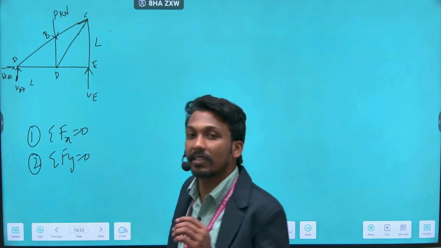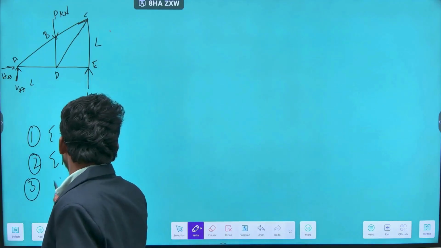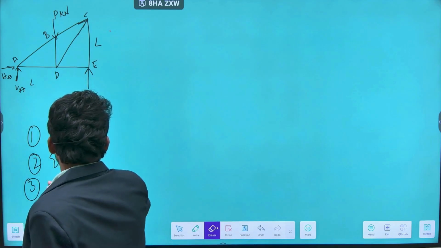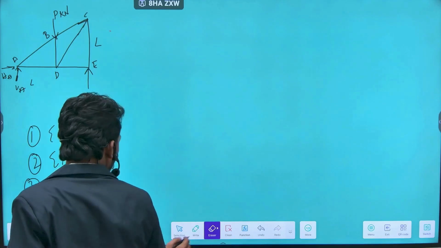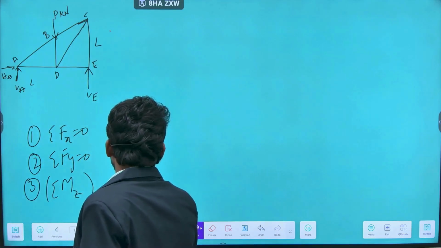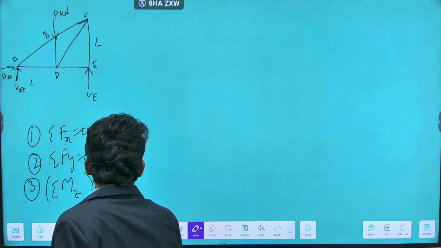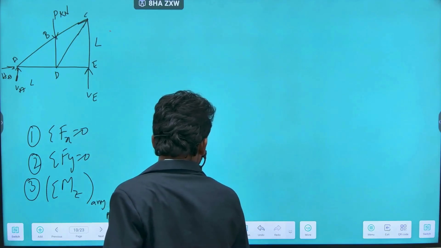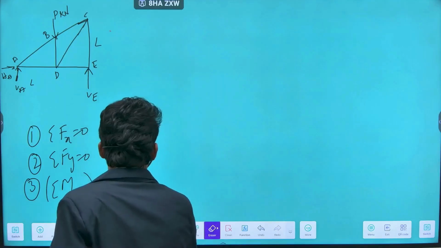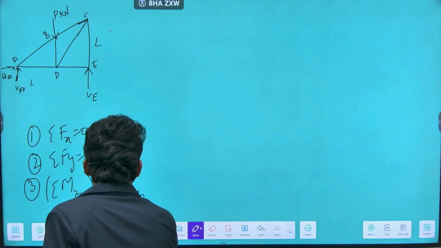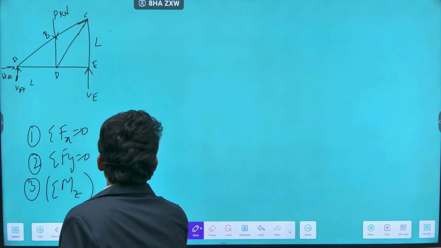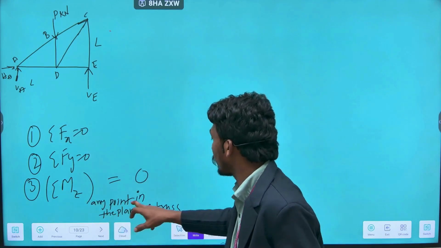And since the structure offers resistance to movement also, the summation of moments in z direction about any point in the plane of the truss is equal to 0.